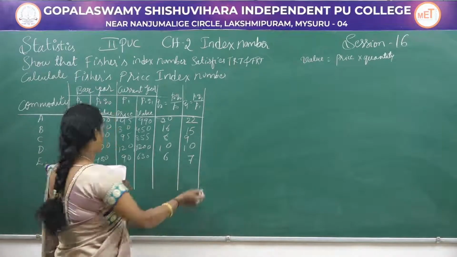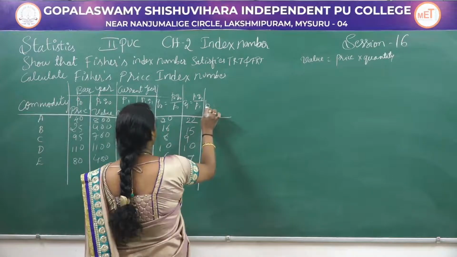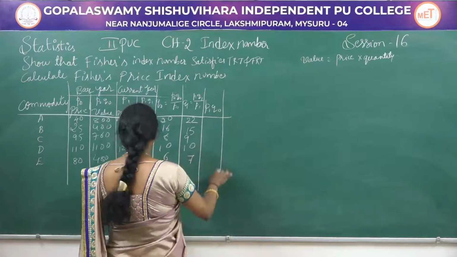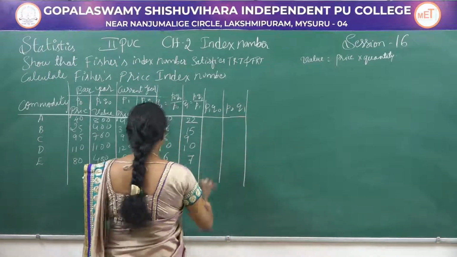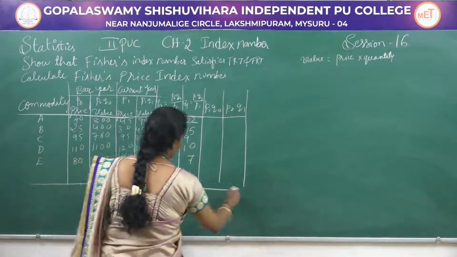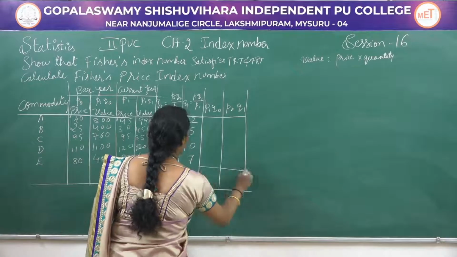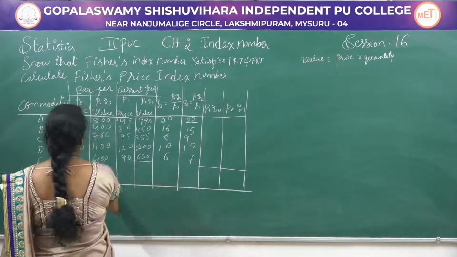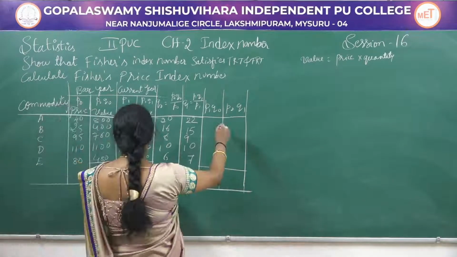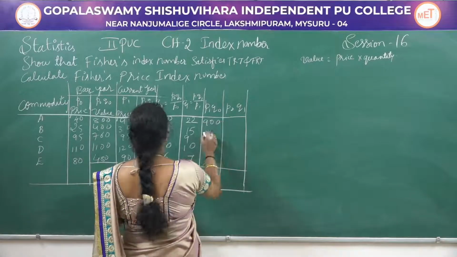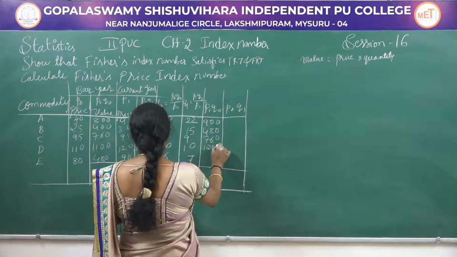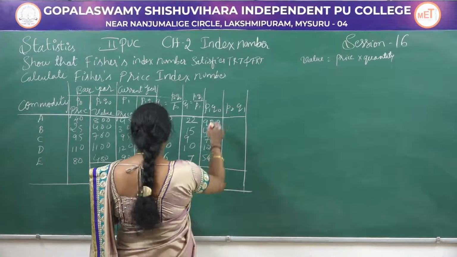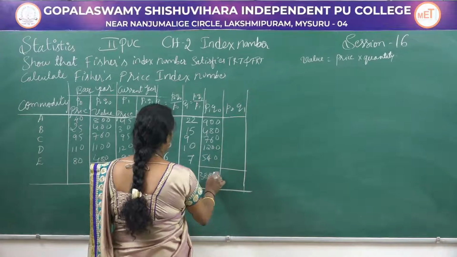Next, take the product of P1 Q0, and P0 Q1. So this product is 900, 480, 760, 1200, 540 and the total is 3880.